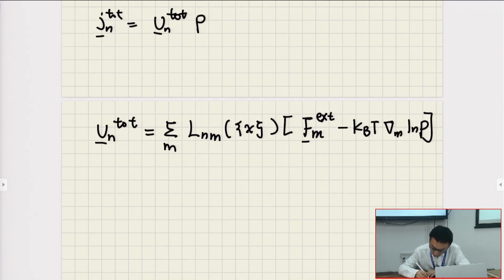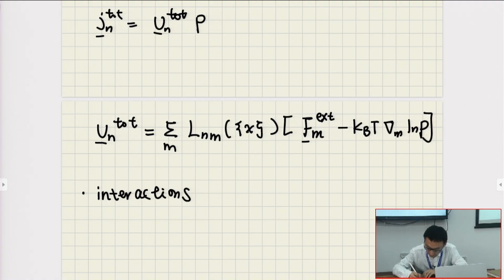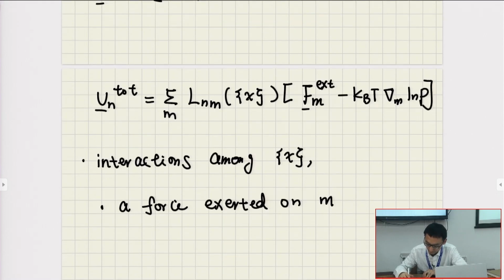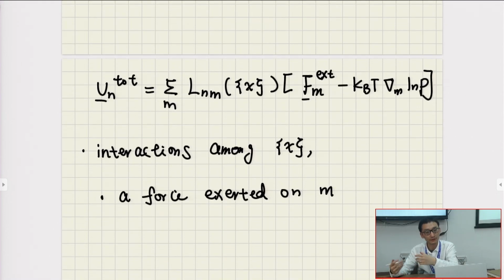So what's happening here? Essentially we have interactions among x, which leads to the fact that, for example, a force exerted on a particle m will lead to a motion or a response on particle n.